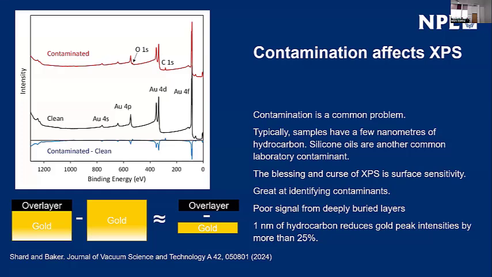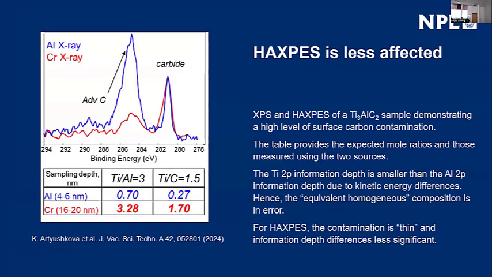And that's energy dependent because at higher kinetic energy, you have a greater attenuation length than you do at lower. The HAXPES is less affected by this. A bit of contamination in an XPS gives you a strong issue with quantification because it differentially attenuates signals from different kinetic energies.